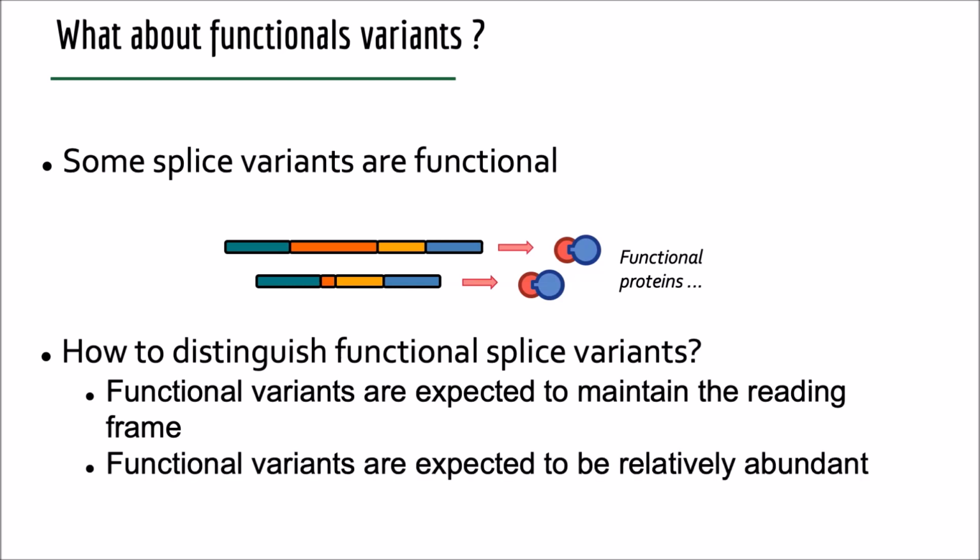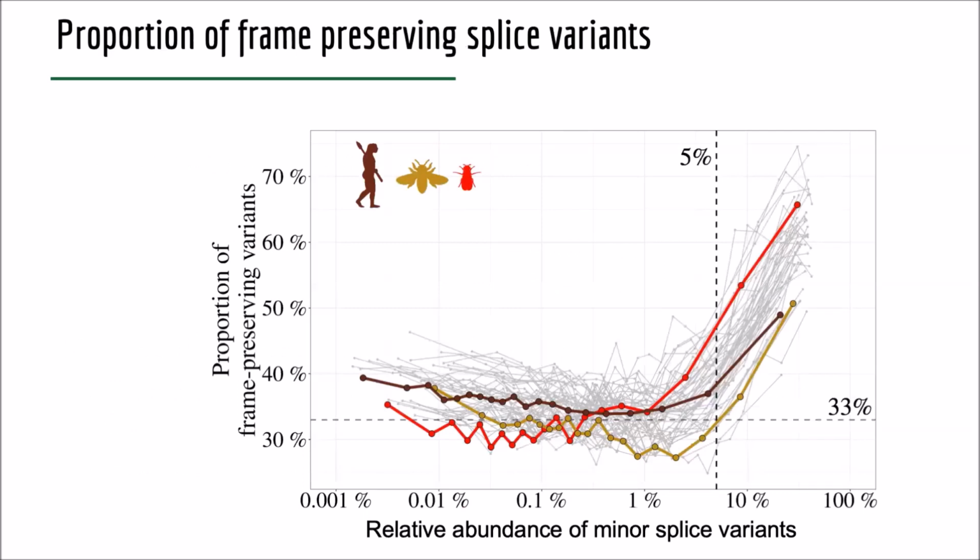And also, we expect that functional variants should be relatively abundant compared to splicing errors. So just to check that these predictions make sense, we plotted here the proportion of variants that preserve the reading frame according to their relative abundance.